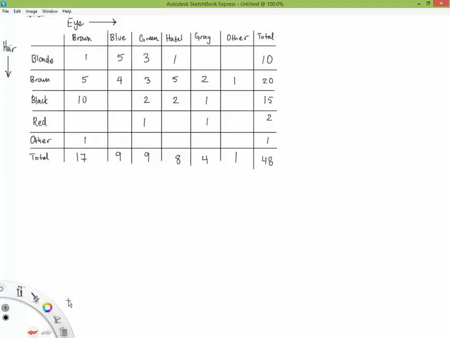Okay. So here's an important thing. Two-way tables are used when there are two categorical variables.